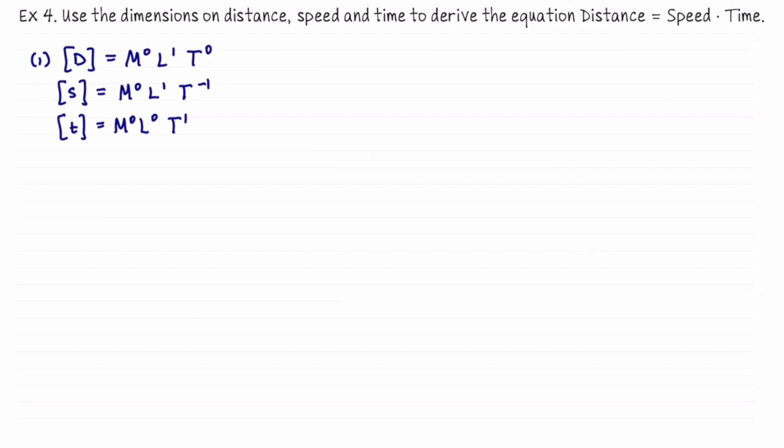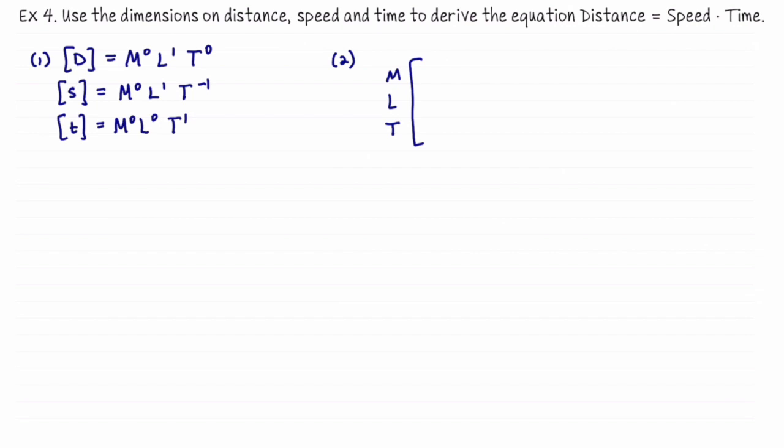I think step 2 is kind of fun. We're going to organize these into a matrix. Our matrices are always going to have 3 rows, and I'm going to label the rows M, L, and T outside of the matrix. Those are the 3 rows of our matrix, and then the columns are the quantities that we found in step 1.